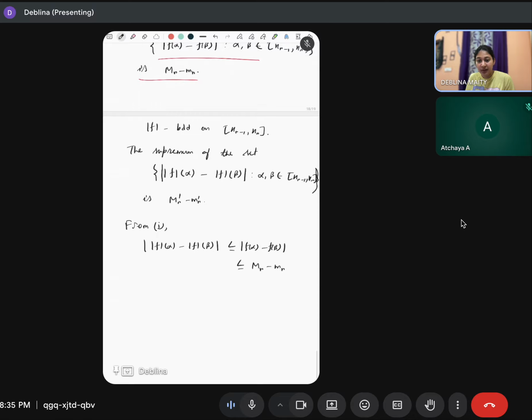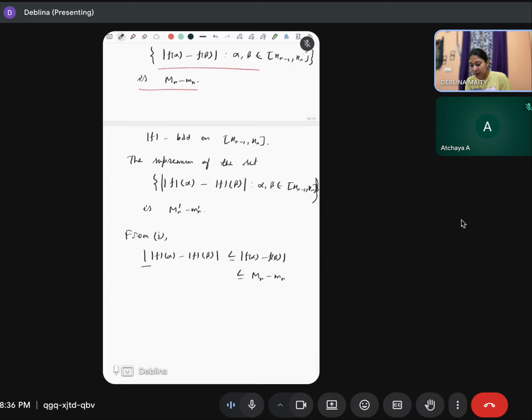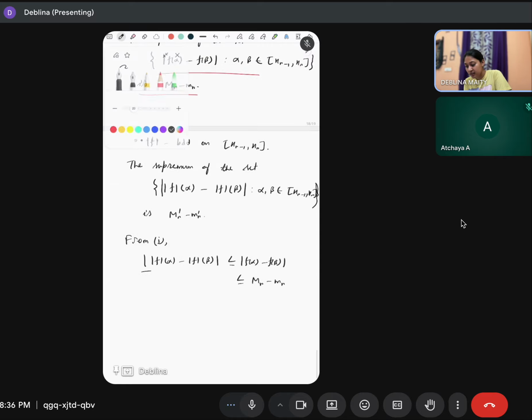So capital M_r minus small m_r is an upper bound of this set, and the supremum is this number. So the supremum is also less than or equal to this upper bound.